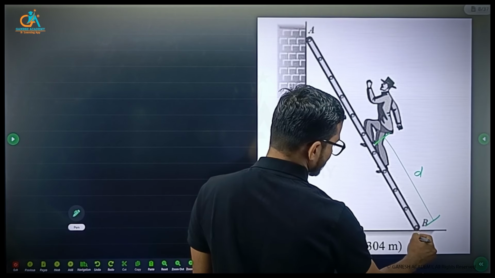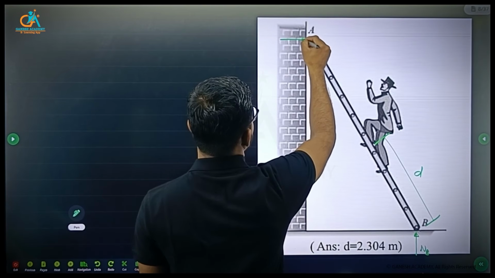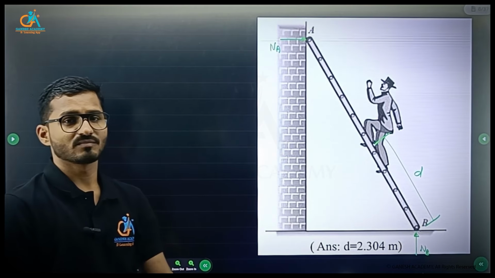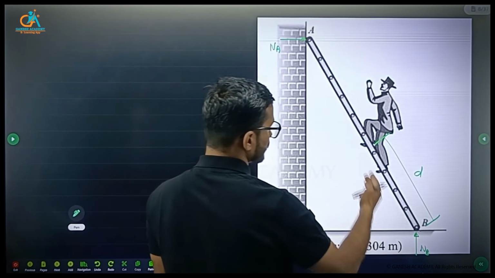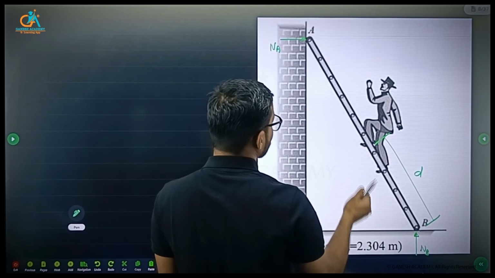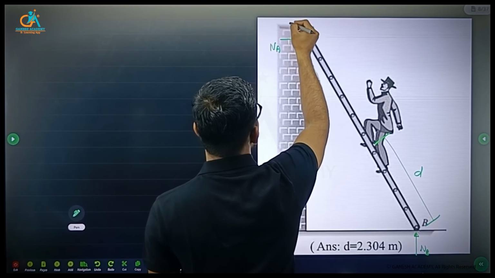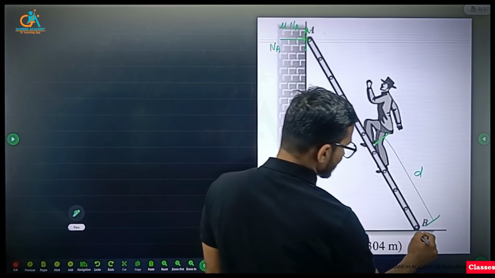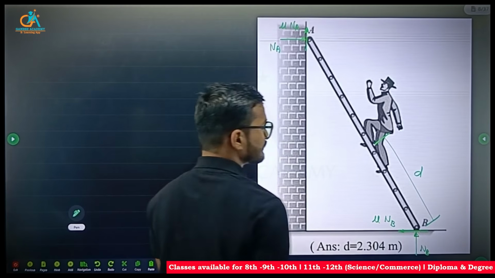So here normal reaction at B, यहाँ पे एक normal reaction act होगा, यहाँ पे एक normal reaction act होगा, and then in the direction of motion, let's say direction of motion without causing it to slip means इसका motion towards right होगा, इसका motion down direction होगा, तो opposite to that direction क्या act होगा, frictional force resistance mu into normal reaction, that is mu NA here, and here mu into NB.